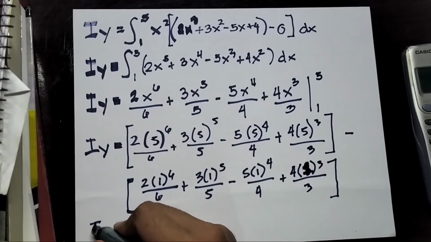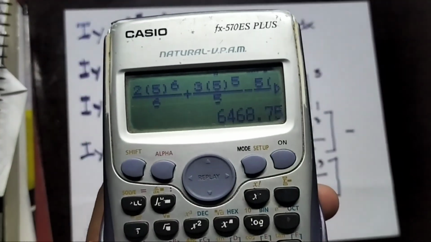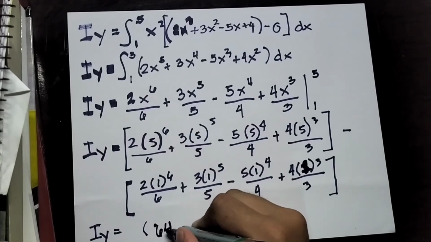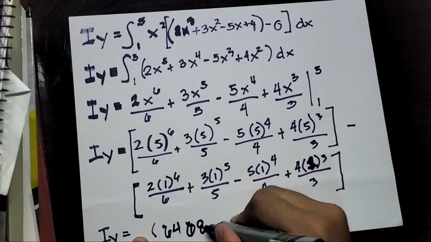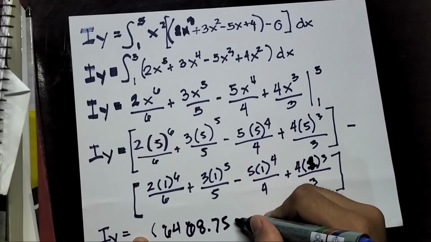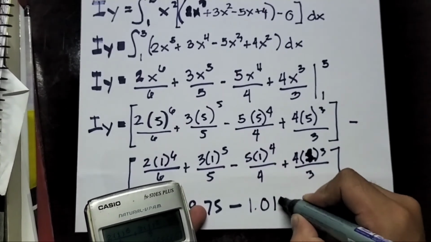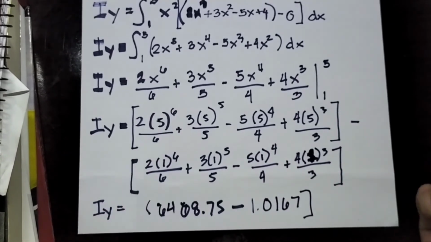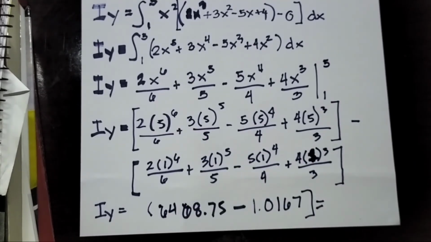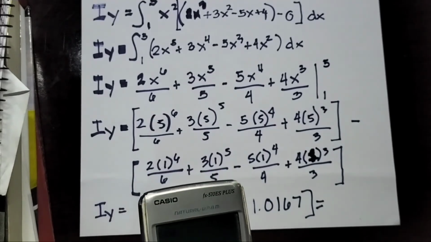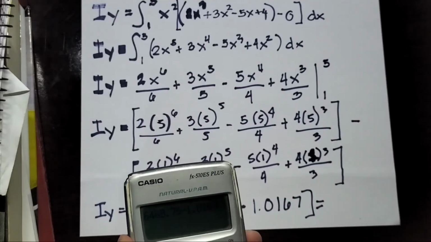So now Iy equals 6468.75 minus 1.0167. So the final answer will be 6468.75 minus 1.0167.